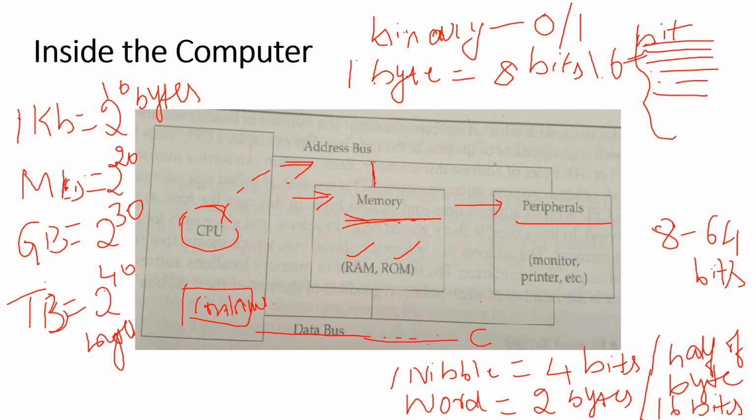RAM is a temporary storage device which is used to store the data or the programs which are running temporarily. The data is lost when the computer is powered off or turned off. For this reason, RAM is sometimes called volatile memory. We are talking about the primary memories here, that is RAM.